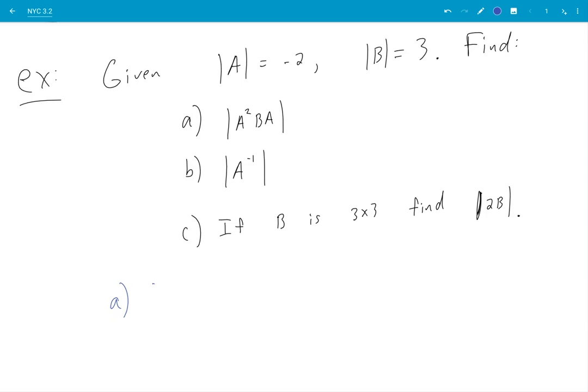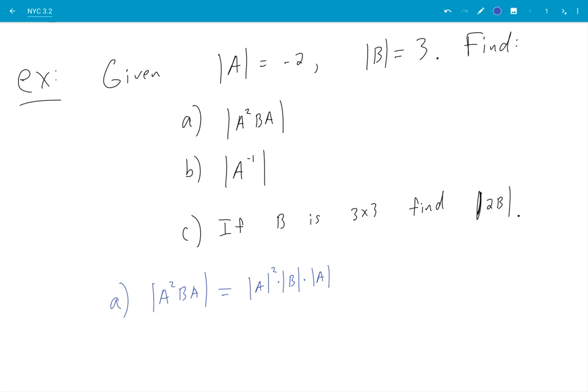A. Okay, so here we have the determinant of the product is the product of the individual determinants.